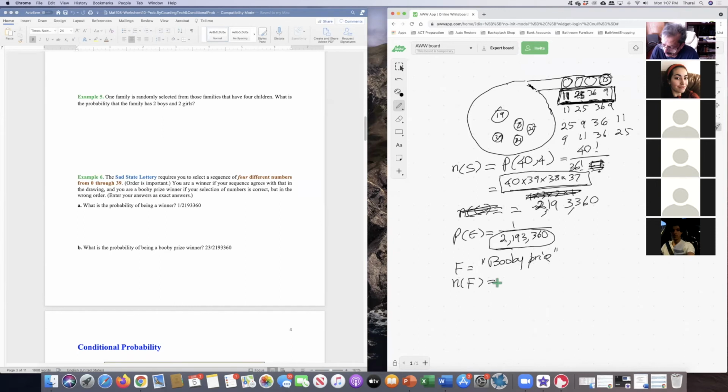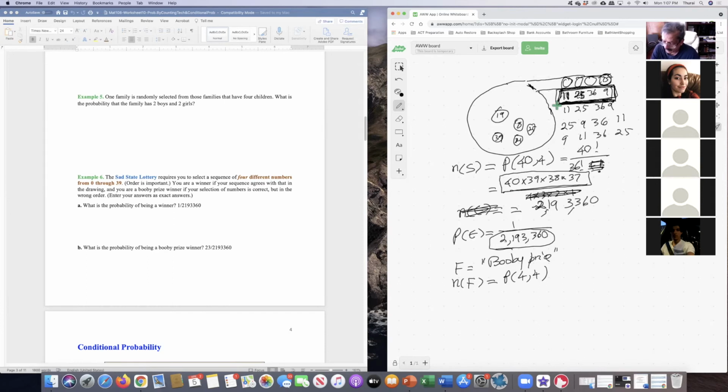It's basically all the rearrangements of these 4 winning numbers. The number of ways of getting all 4 of them rearranged is the same as P(4,4). In other words, if you rearrange these 4 winning numbers, and any one of them is the actual number you have, then you win the booby prize.